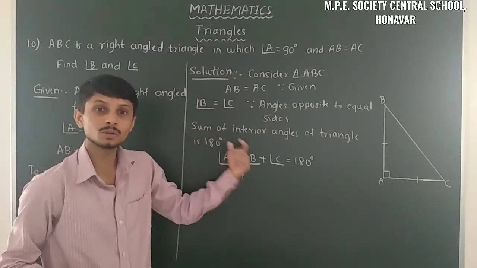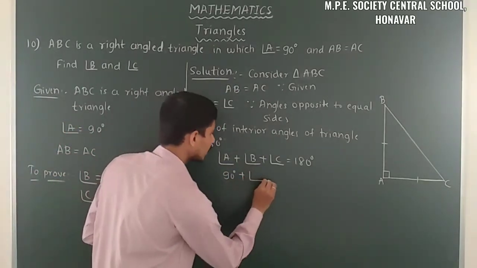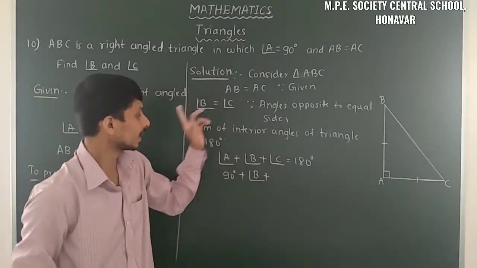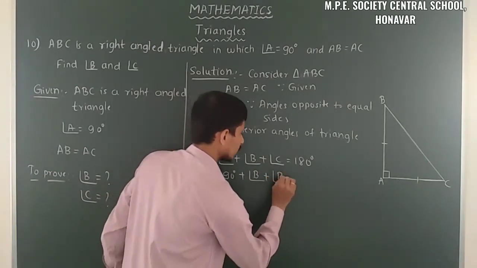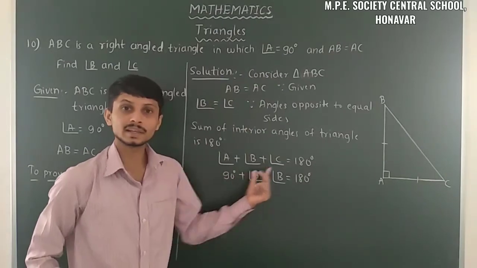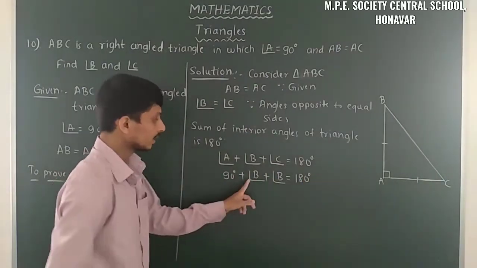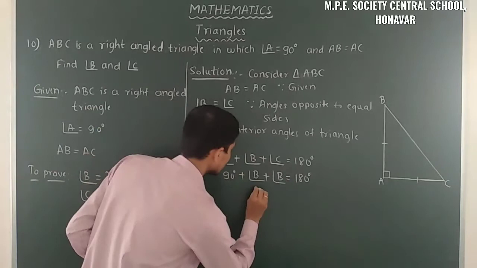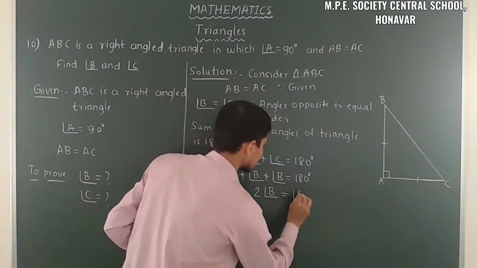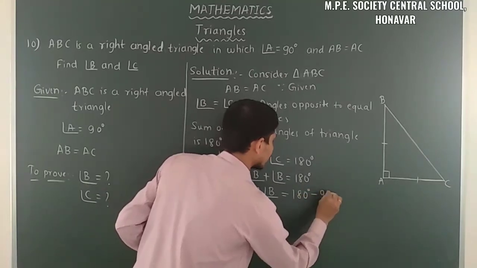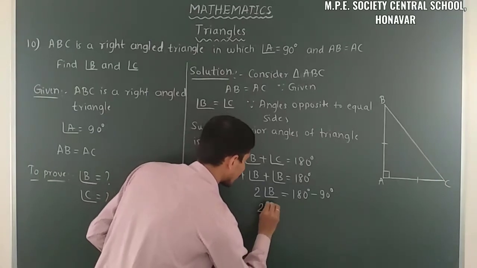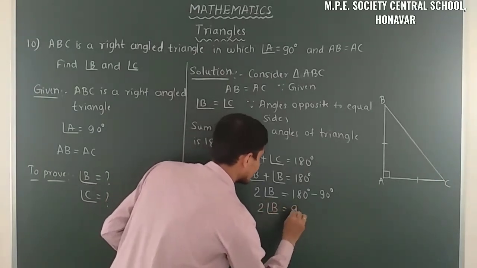So we have to include any one. Here angle B I will keep as it is, and in place of angle C I will write angle B: 90 degrees plus 2 times angle B is equal to 180 degrees. Here I will transpose 90 degrees to the RHS, so 2 times angle B is equal to 180 degrees minus 90 degrees, that is 90 degrees.